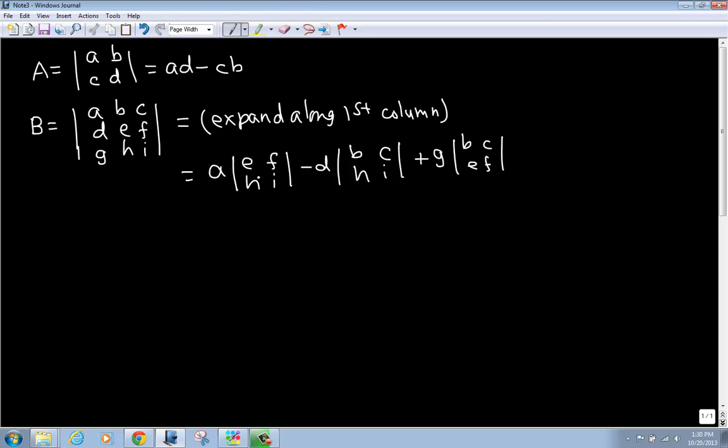That's linear algebra. You will be safe just going from plus, minus, and so on, and expanding along the first column all the time.